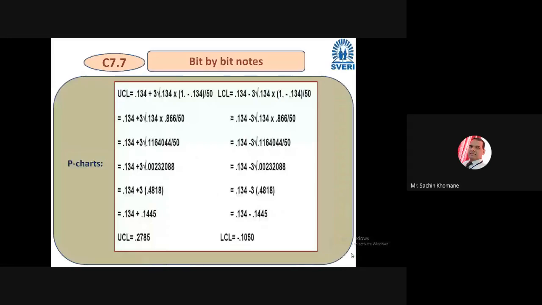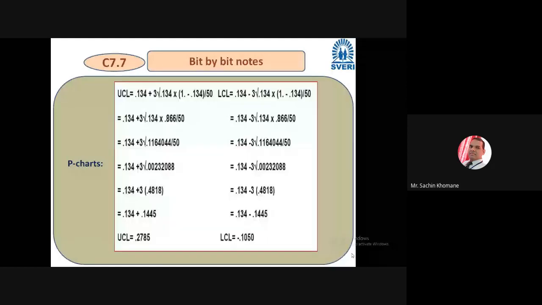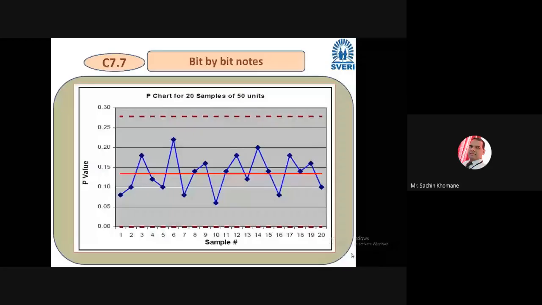Done. So now I hope you have drawn all the values. Now, can you see the screen? Upper limit, lower limit.